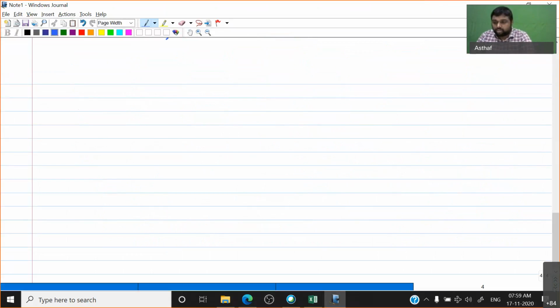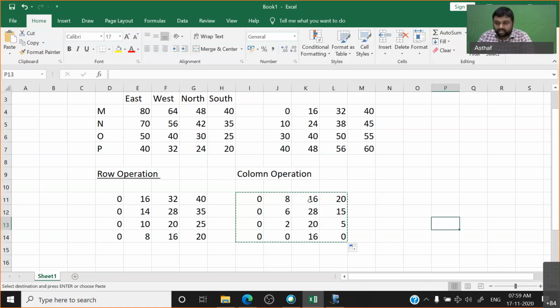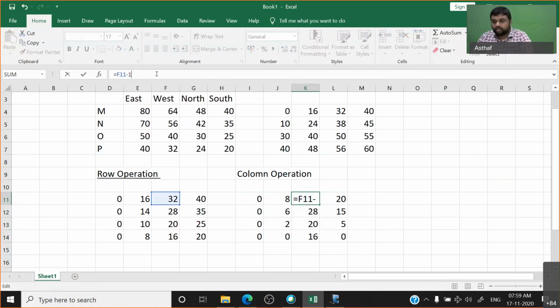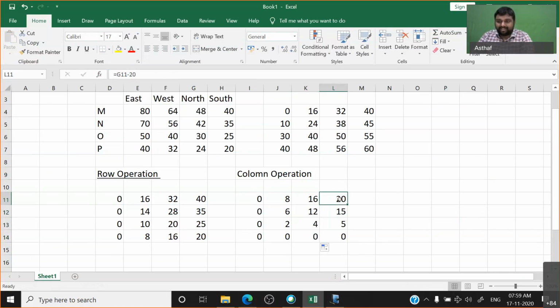Let me take one second. I will just check whether the calculation is correct. When you rely on Excel, sometimes there will be some error.